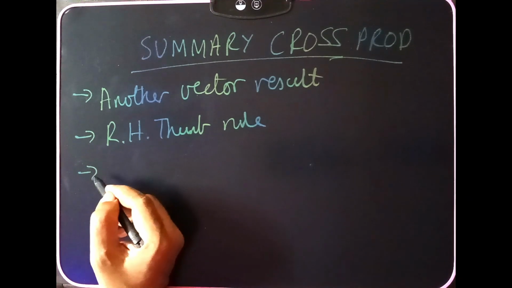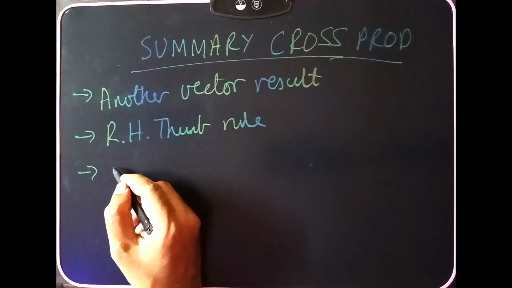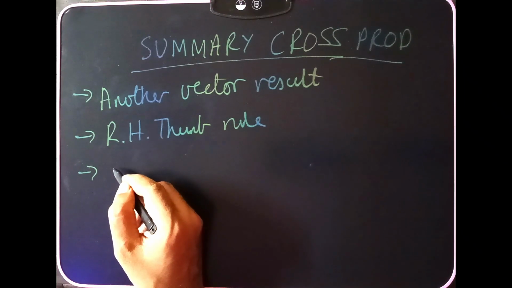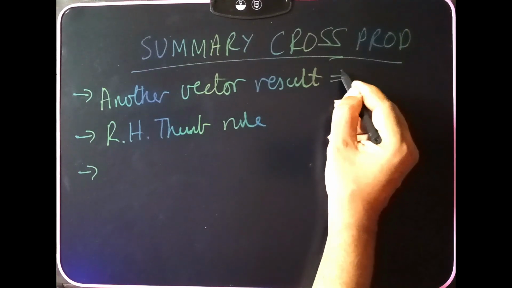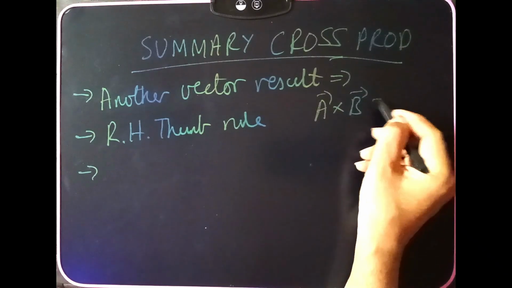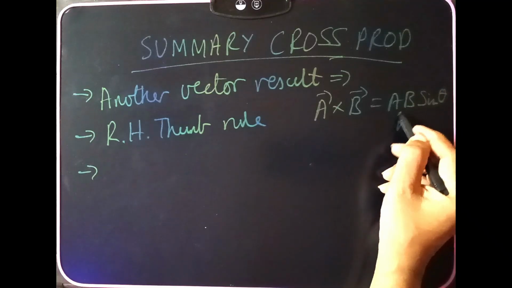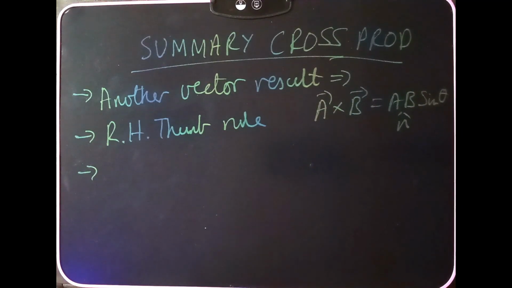Then we have seen a few cases, when the maxima and minima are formed. The cross product is given as A cross B is equal to AB sin theta n cap. Because it has direction also, it is a vector product, that's why we write n cap.